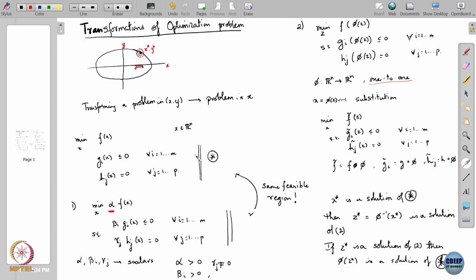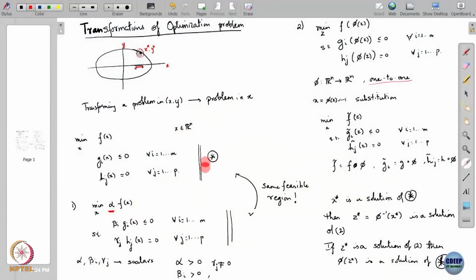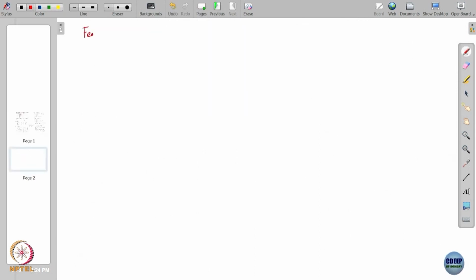Now, you may be searching over x's that do not have a corresponding z, right. So, the search space, the feasible region of star includes all the values of phi of z that could have come from the feasible region of 2. So, if you take the feasible region of 2, it has z's, in the space of z's, that satisfy the constraints.